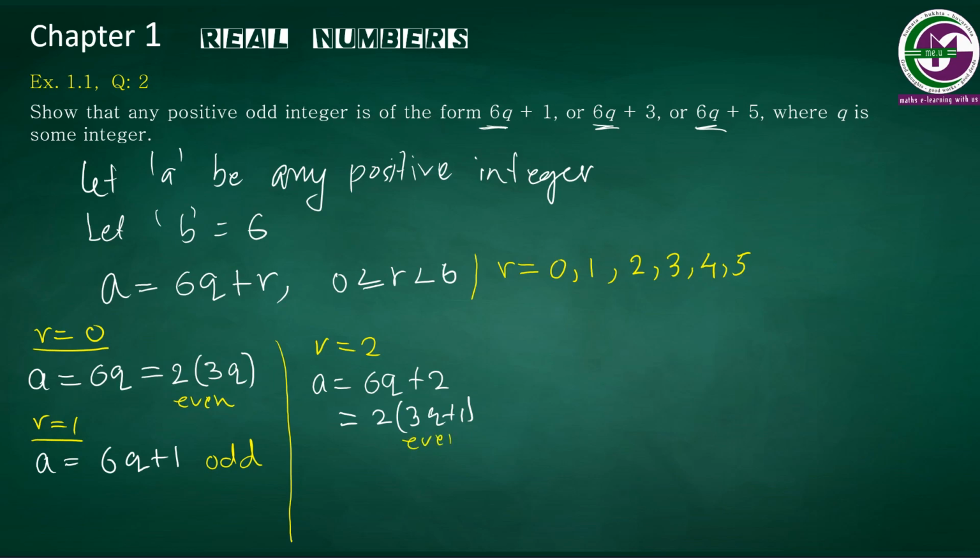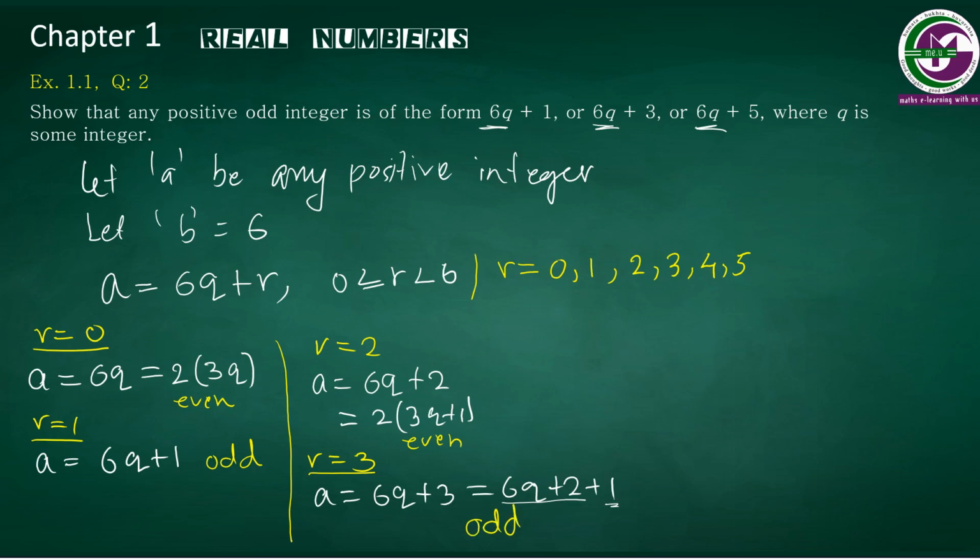Next option, r is equal to 3. Then a is equal to 6q plus 3, which can be written as 6q plus 2 plus 1. We already got 6q plus 2 is an even number, and an even number plus 1 is an odd number. So this is odd.